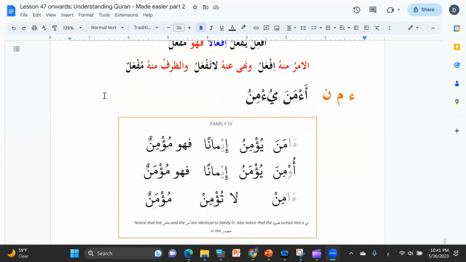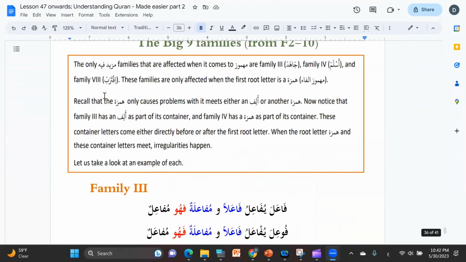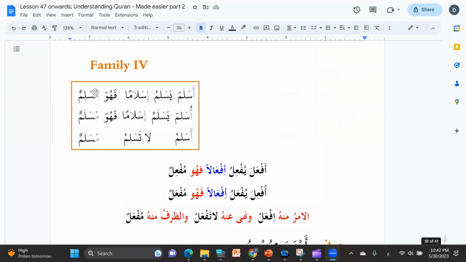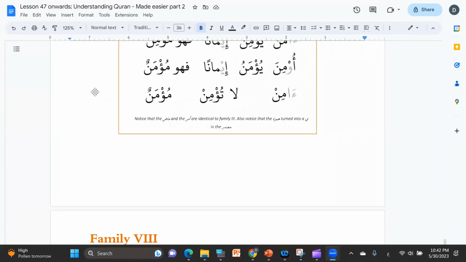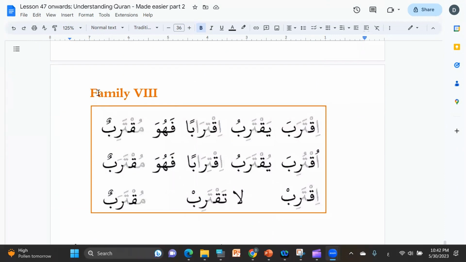Now, what did we see from the notes? We saw that the abnormality happens in family 3, family 4, and family 8. Now coming to family 8. Family 8 is bab iftial.